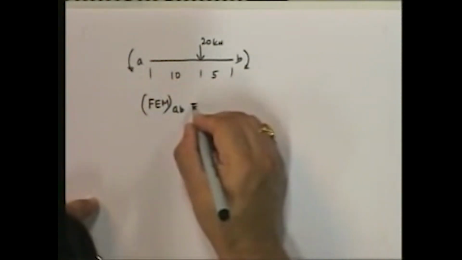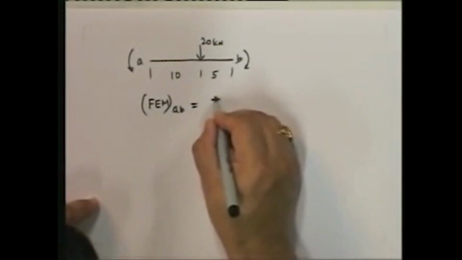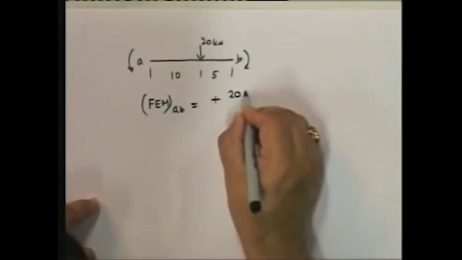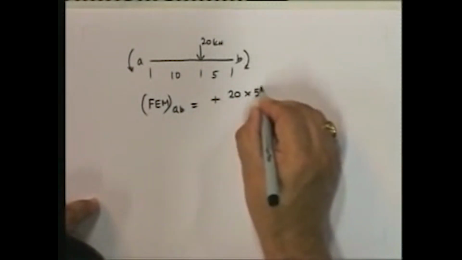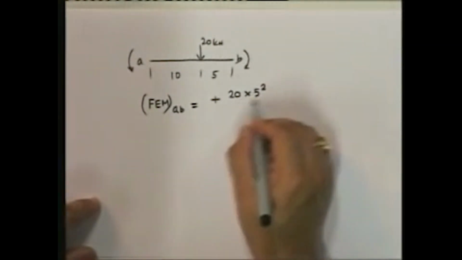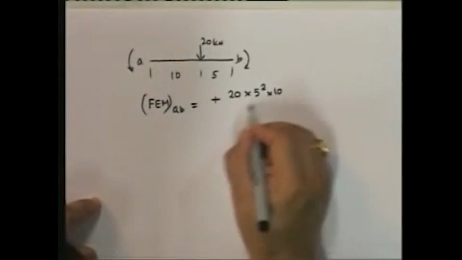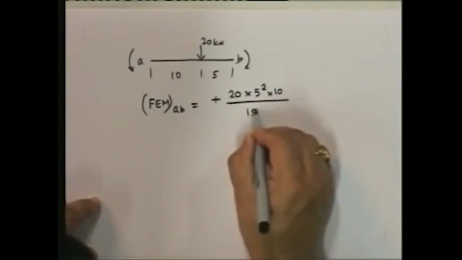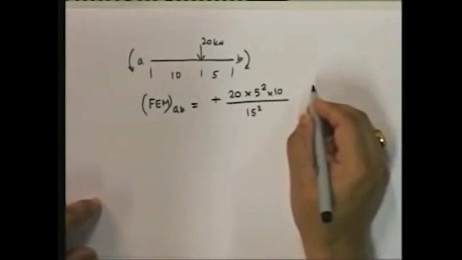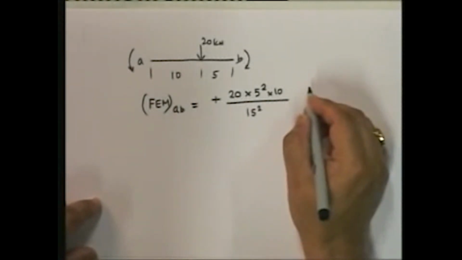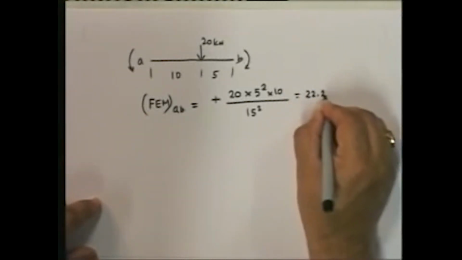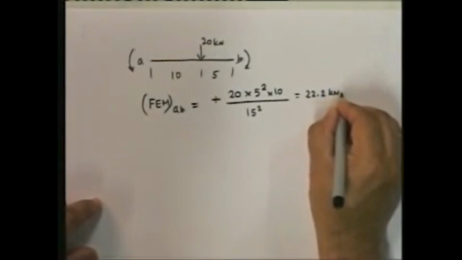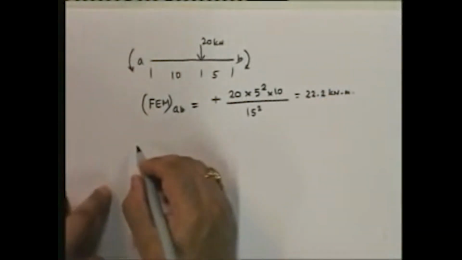So this is positive, so this is going to be plus 20 into 5 squared into 10 upon 15 squared. Okay? So if you look at this, this is going to be equal to 22.2 kilonewton meter.